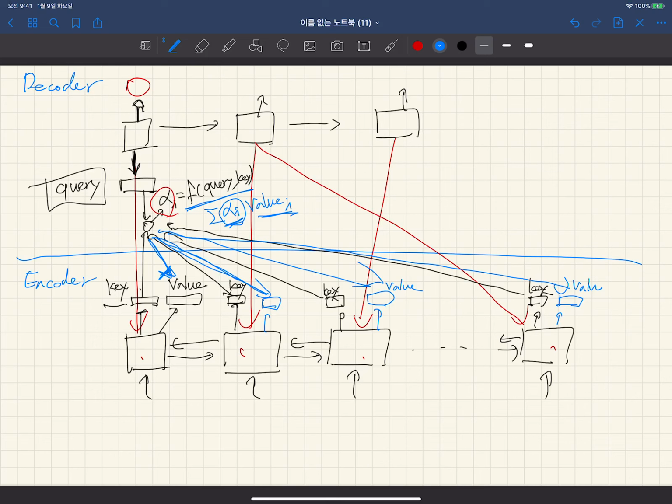And here the weight parameter alpha i is controlled by this function f, which varies in a very dynamic way. So at each time we can focus on very relevant positions to generate the output word. This is very nice, right? So this is the idea of the attention mechanism.